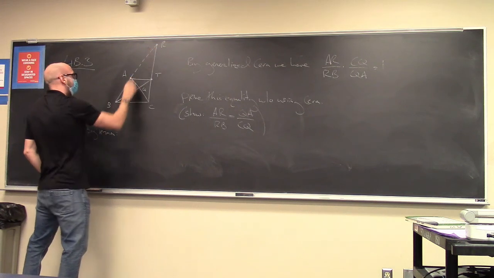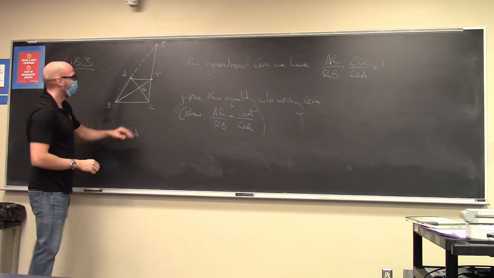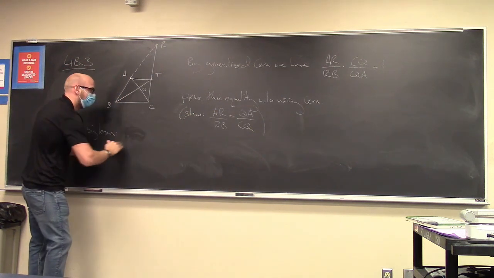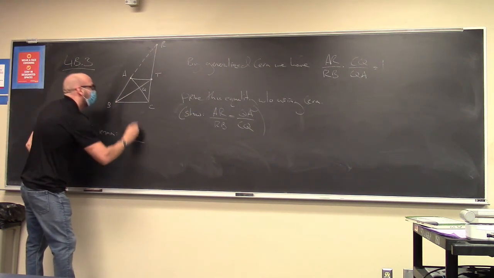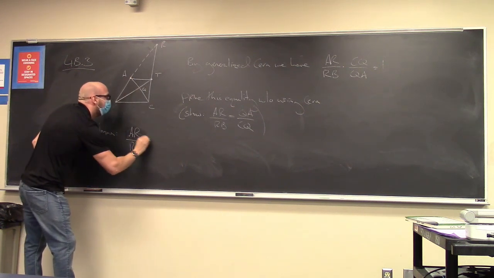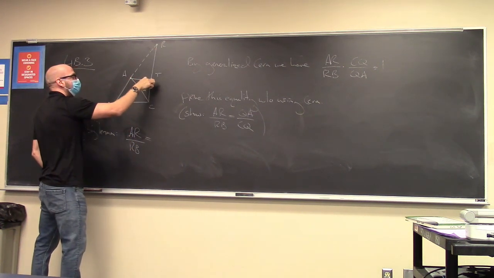I know RA, which I'd usually call this RA, but we've got AR, so let me call it AR. AR over RB is equal to RT over TC.